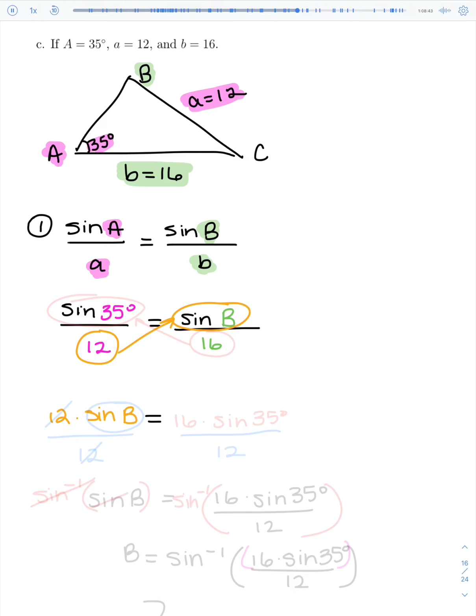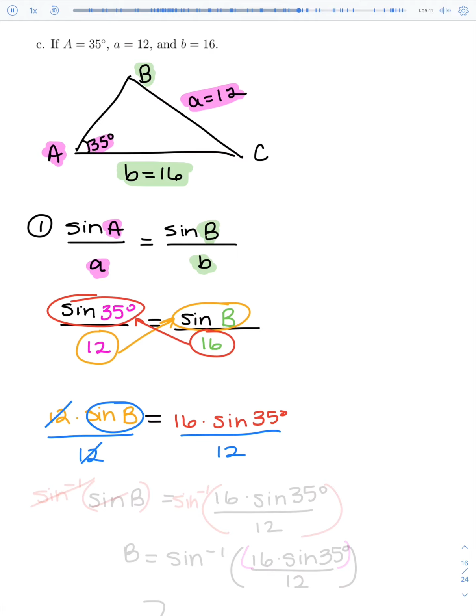16 times the sine of 35 degrees. And last thing, if we want to get the B by itself, we need to get the sine of B by itself. So we'll get rid of the 12 by dividing both sides by 12. And as a reminder, we'd like to hold off on rounding as long as we can.